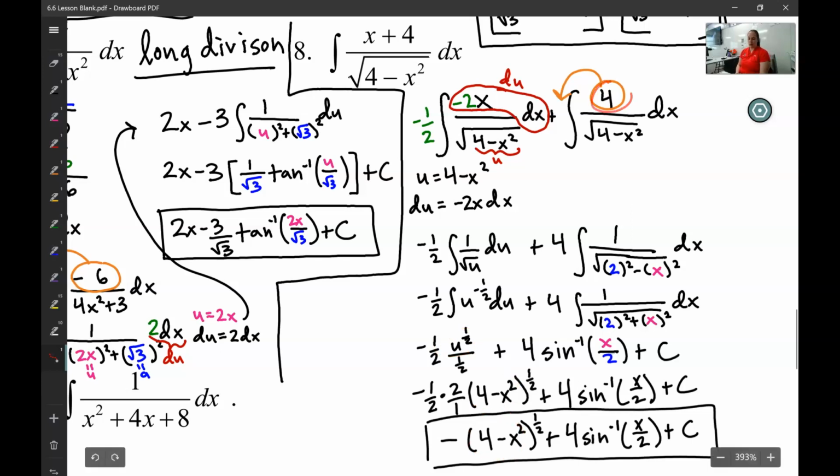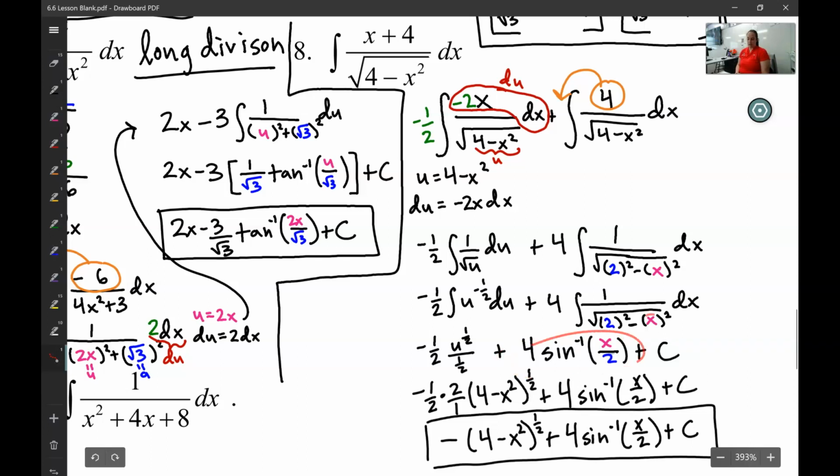Here's my second one. I took my 4 out, and then this is now 2 squared and x squared. Because that x is by itself, I don't have to think any type of u substitution. So I leave that be, and this, because there's a square root and a, oops, that should be a subtraction sign, and a subtraction, this is going to be arc sine.